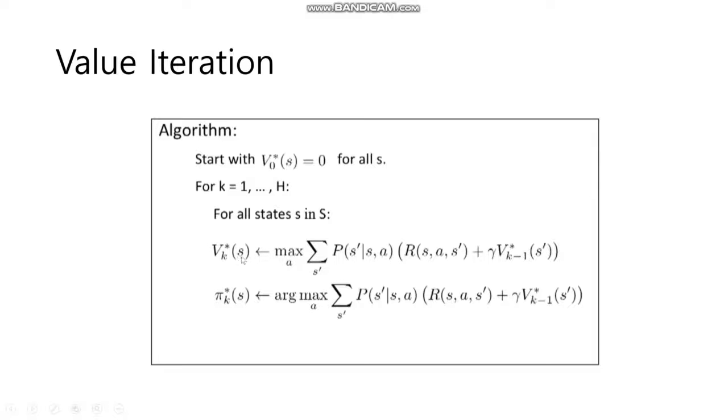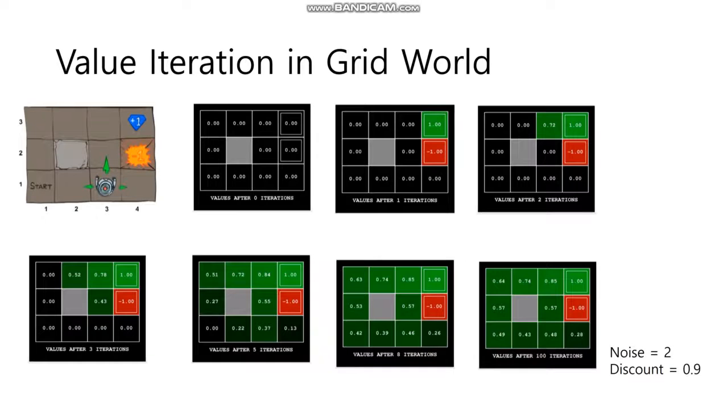And after it converges, we stop the algorithm and decide the policy as the greedy policy. So let's look at how value iteration is implemented in grid world. If you run value iteration in the simple grid world setting that I explained before, at first, at zero iteration, all the value functions are initialized as 0.